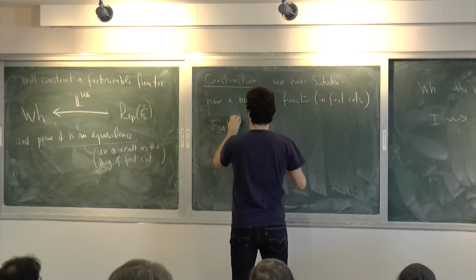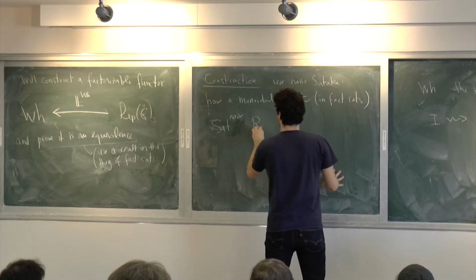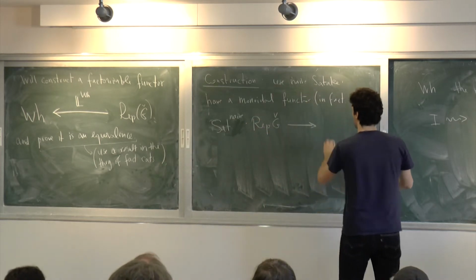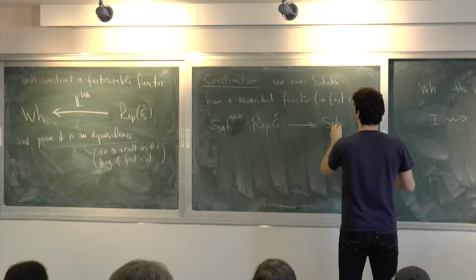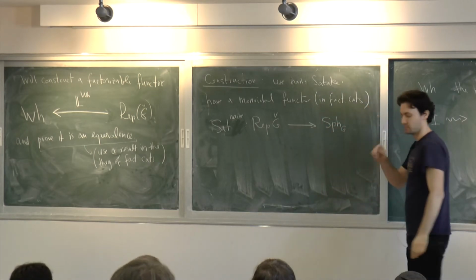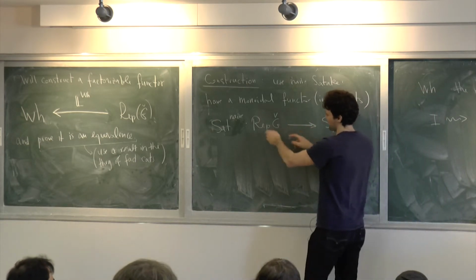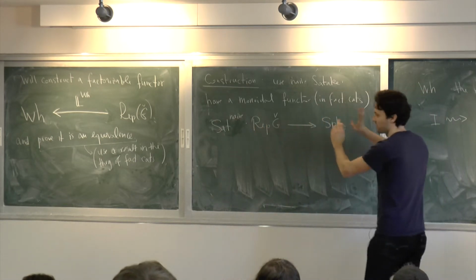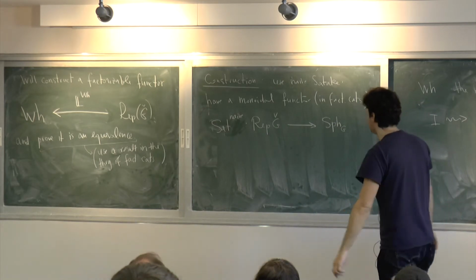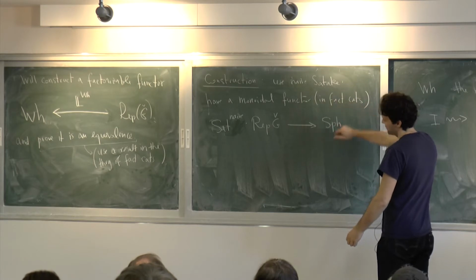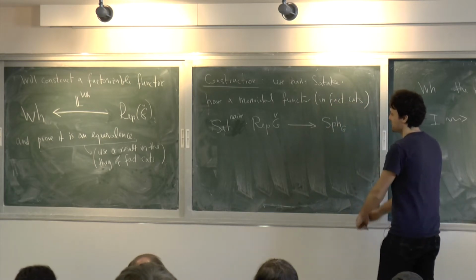The naive Satake, as it was discussed, sends Rep G-check to the spherical factorizable category for G. That's a functor between factorizable categories. Moreover, it's monoidal, but it's not an equivalence, of course. Remember that. All right, so that's the first step of the construction. That's where Langlands duality is.